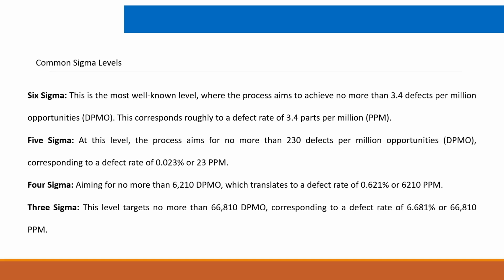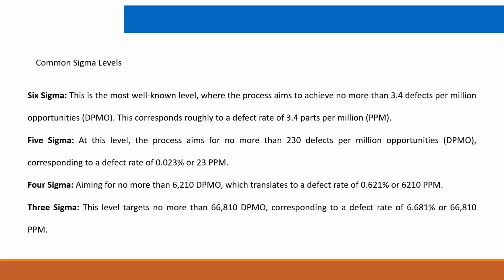Is 3 sigma, 4 sigma still viable? Does any company or industry have 3 or 4 sigma? Yes, that's what I'm saying, like airlines and health industries. For 4 sigma, we would have to see which company is working at that level. Companies do work at 4 sigma and 5 sigma also.